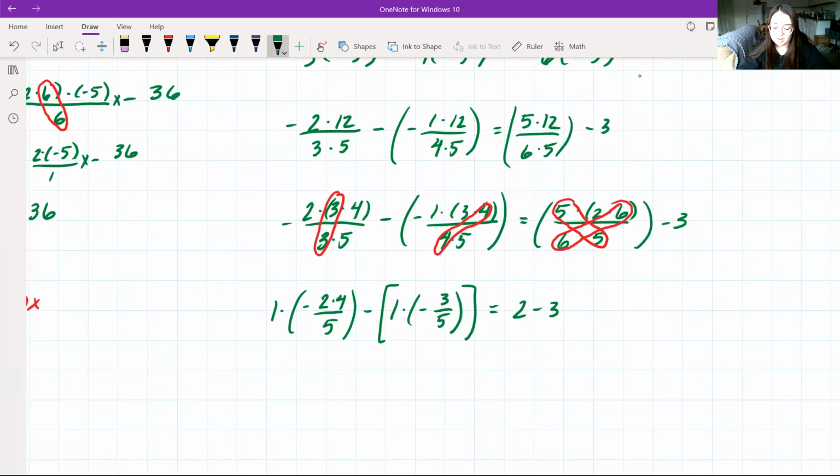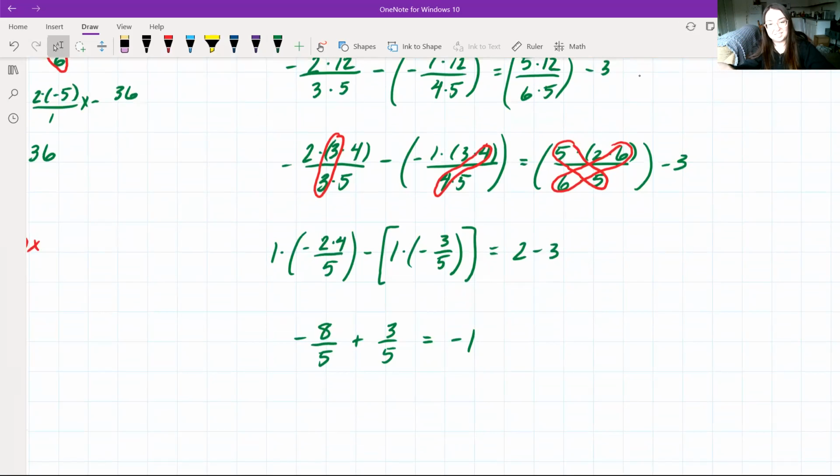And now we can simplify. We're going to end up with a negative 8 over 5. And now we have a minus negative 3/5, which is like saying plus 3/5, is equal to 2 minus 3, which is negative 1. Now we can just add up our fractions.